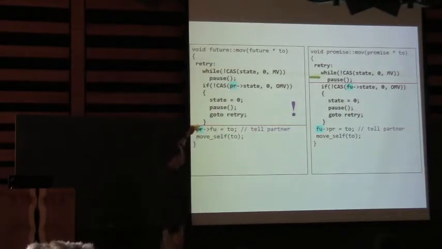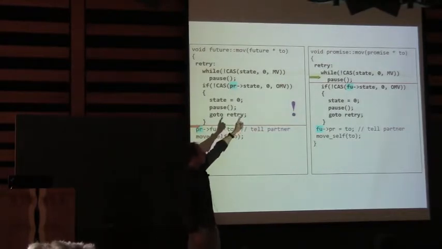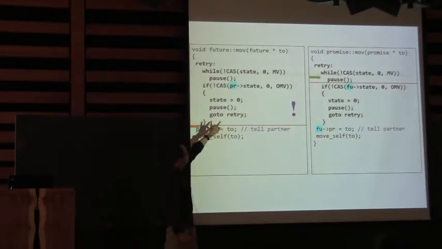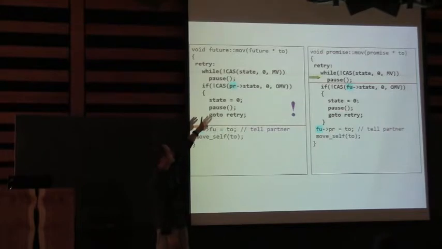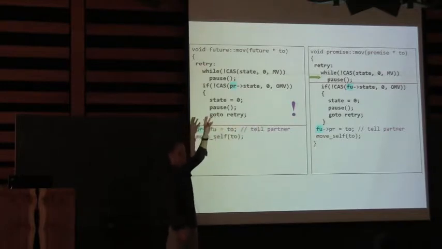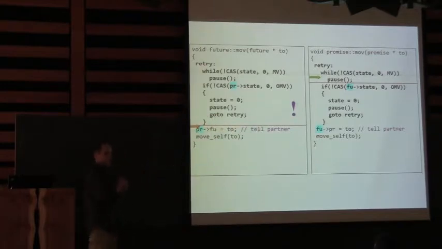And I managed to get down here. I am here. He comes in. So one of the biggest things you have to notice, we're using CAS, compare exchange. If I didn't mention, that's what CAS is. We're using compare exchange in a lot of places because once I set state to MV, it's not changing, right? Because the only way you change is if it's 0. Once I set it to something, it's going to stay that thing until I set it.